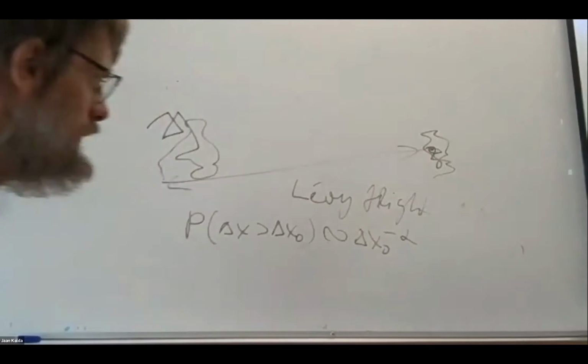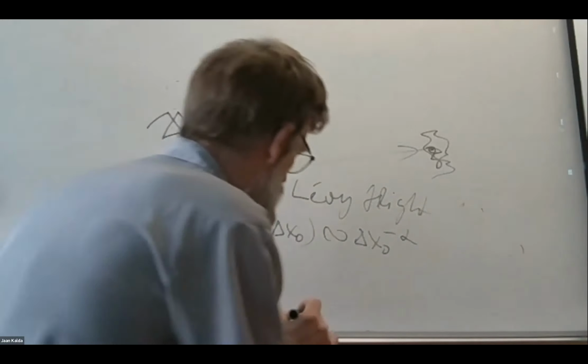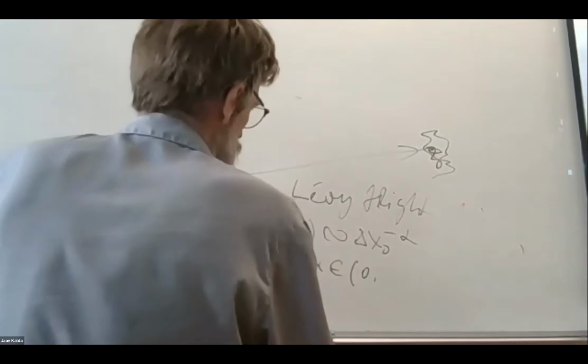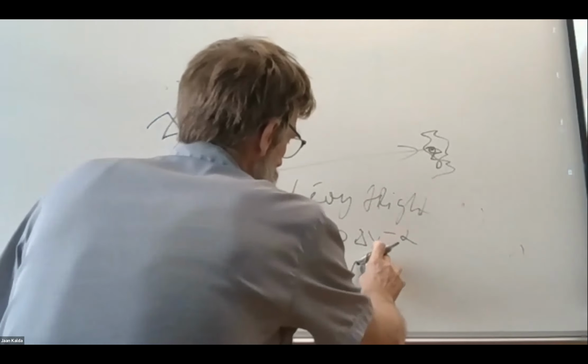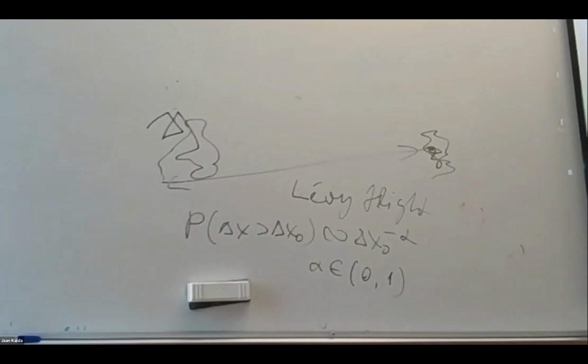Longer jumps are less probable, so there is a negative exponent. If you have a negative exponent here, then roughly speaking, you have Levy flights. I say roughly speaking because more specifically alpha shouldn't be too big or too small. So Levy flights are for alpha from 1 to 2. For the correlated waiting-time case, I wrote alpha from 0 to 1.